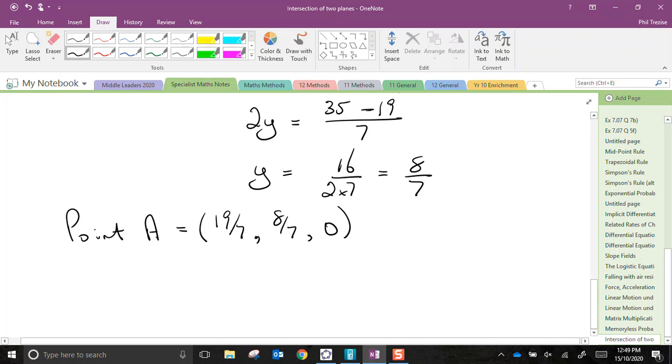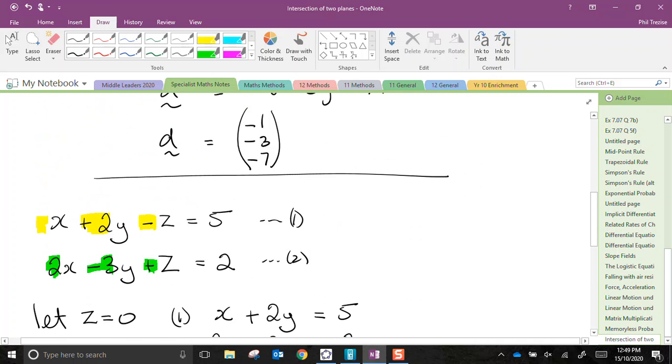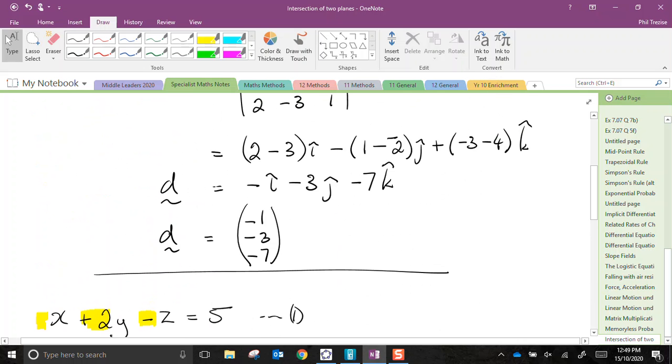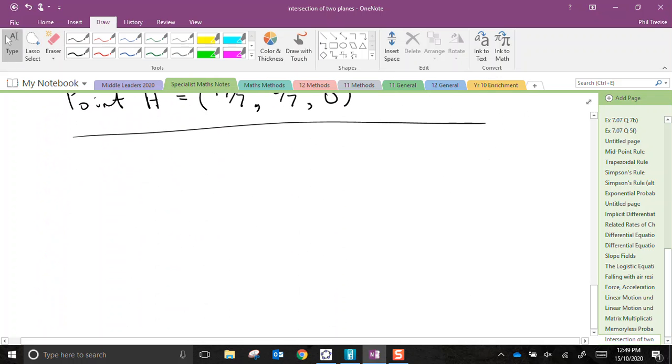That point exists on both planes, so it must be on the line of intersection. The direction of my line of intersection is this direction vector d here, 1, minus 3, minus 7. Now that's enough information for me to write the vector equation of the line.